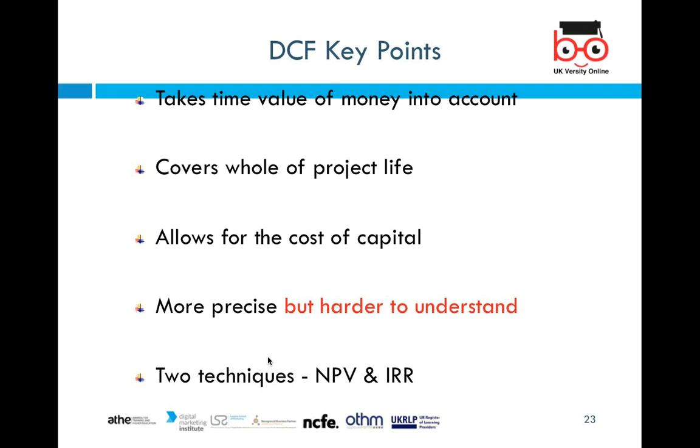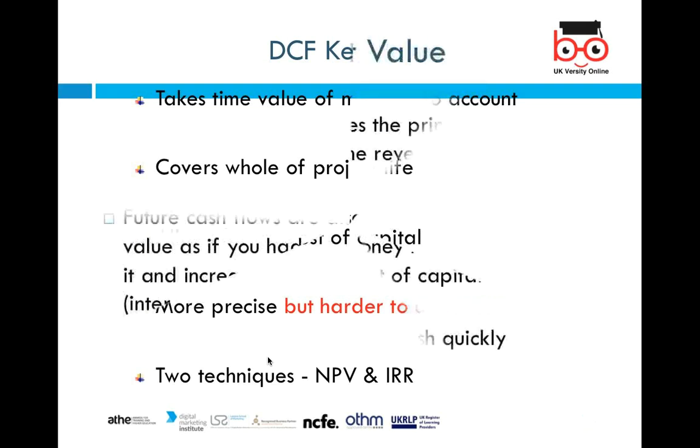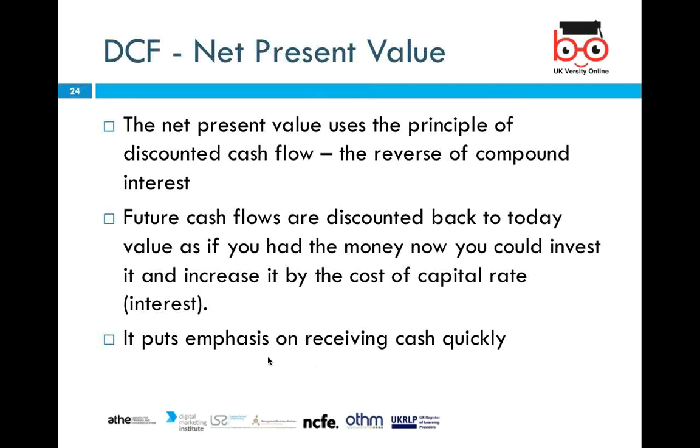So 2 are non-discounting techniques: the payback period and the annual accounting rate of return. And the net present value and internal rate of return are the discounting tools and techniques. The net present value uses the principle of discounted cash flow, which is a very widely popular method, and the reverse of compound interest.